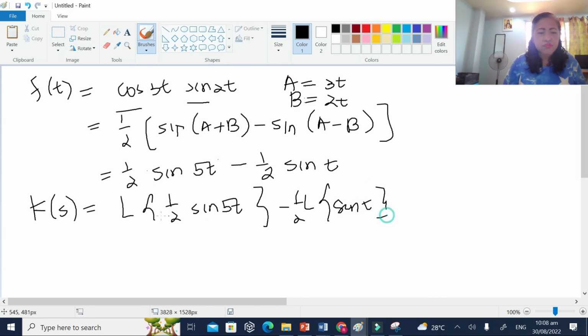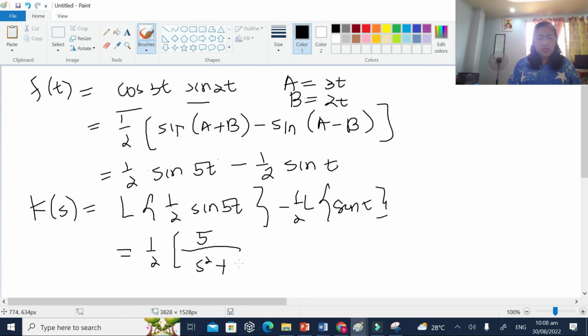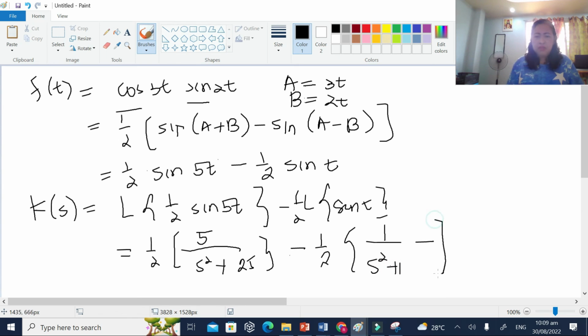So that will now become 1/2 times, for sine, a is 5, over s squared plus a squared, so 25, minus 1/2 times 1 over s squared plus 1.